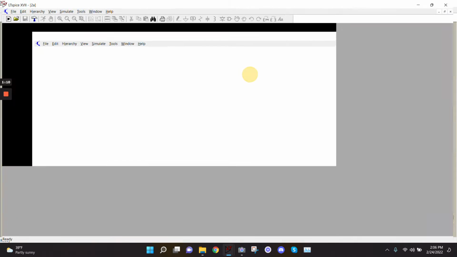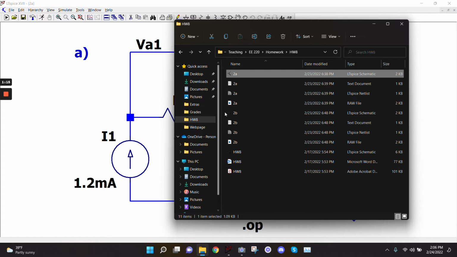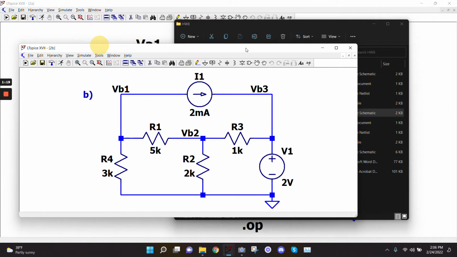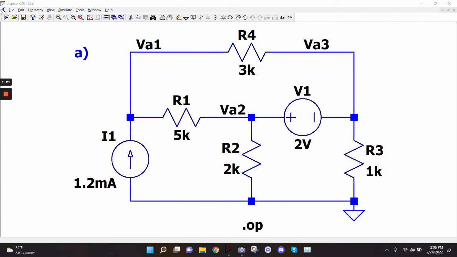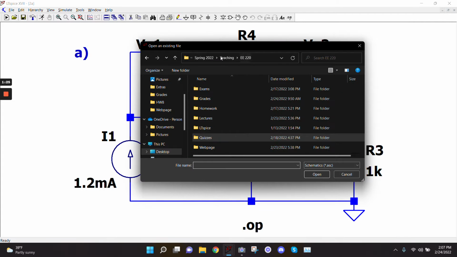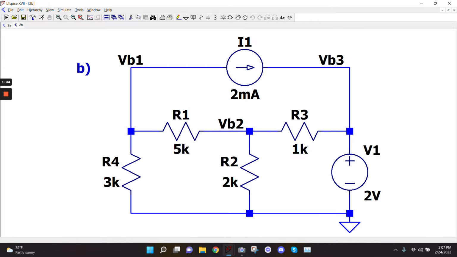I've got 2A, and 2B. Let me open it through here, just so that I have them both open and ready to go. Oh, that's homework 1. I want homework 8. 2B. Alright, so now I've got 2A and I've got 2B.